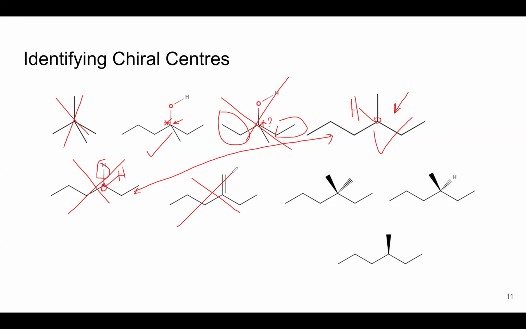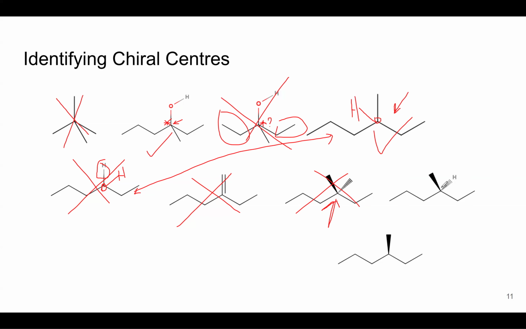How can it be chiral? Is this chiral? Well, it's not attached to four different groups. Although you see the wedge and the dash, you might think it has stereoisomers, but it's attached to two groups of the same kind. Both are methyl groups, so this is not chiral, and this is not a chiral center.